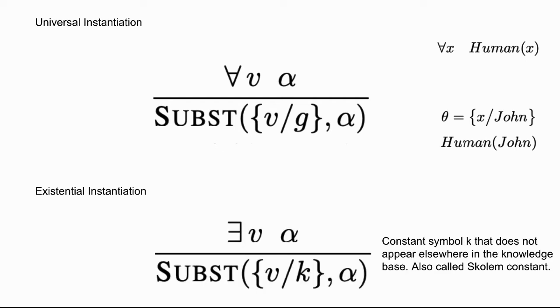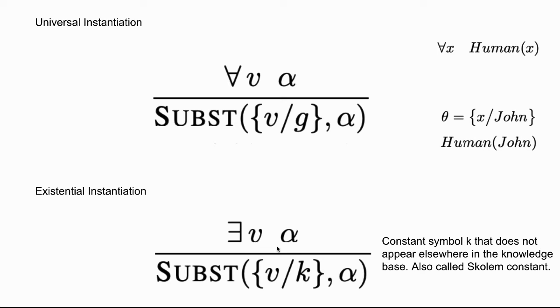For existential instantiation, or for the existential quantifier, you cannot replace this v by any object in your system, because what this says is that there exists v for which alpha is true. Now, which is that object for which alpha is true, that is not known in this statement.